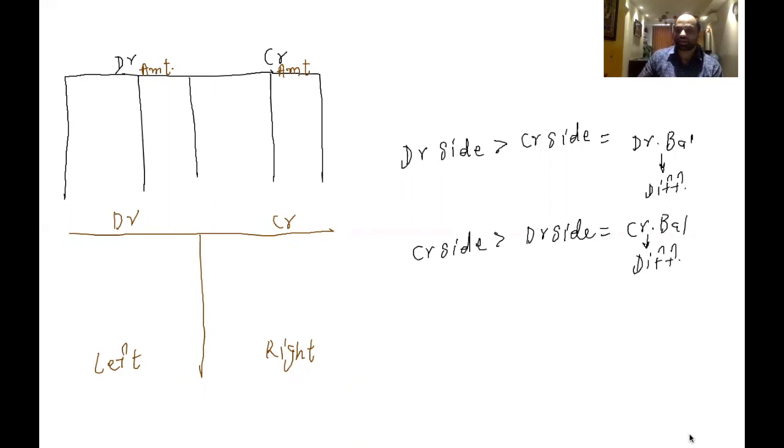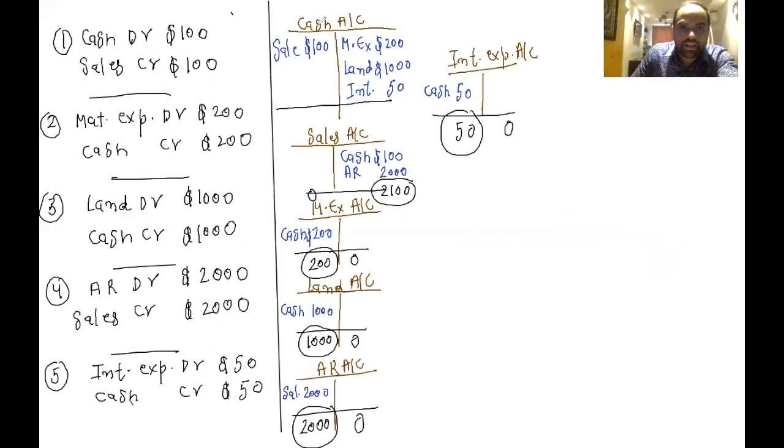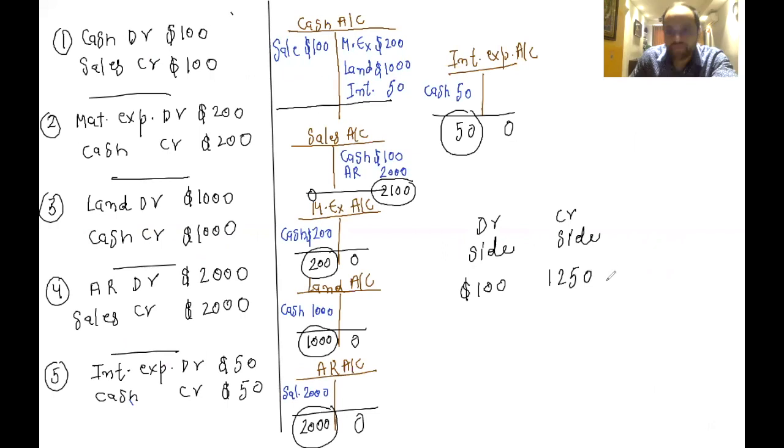So I'll show you what it means. Look, in your cash account, debit side is 100, right? Credit side is 1250. So credit side is greater than debit side.